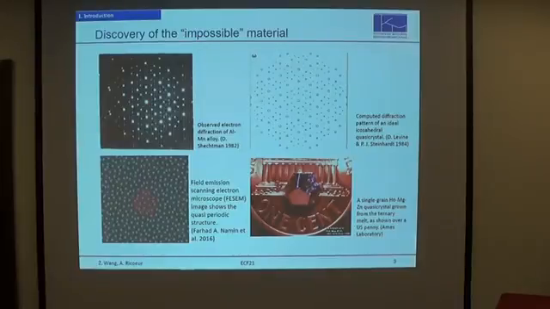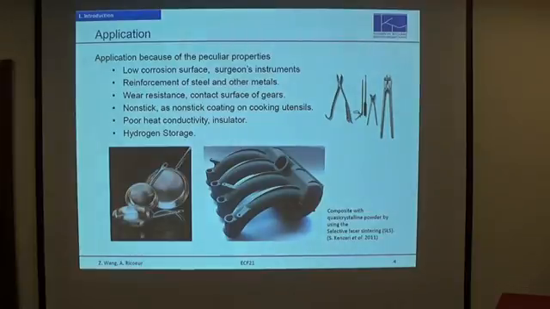Since then, many research groups have tried to produce quasicrystals, and this is one about 1 millimeter in size, made by an American laboratory. Generally speaking, the quasicrystal is very firm and hard.